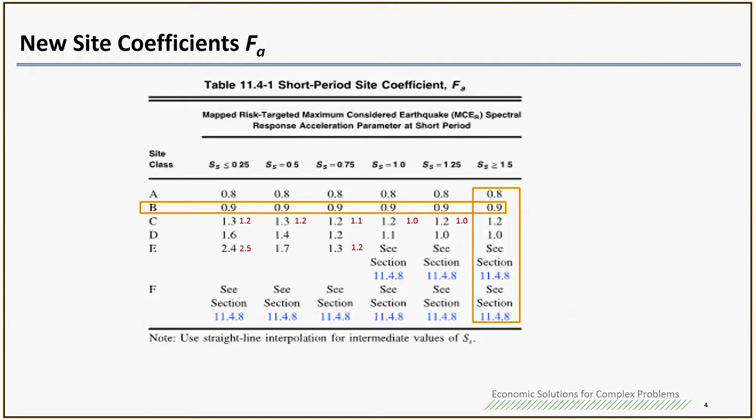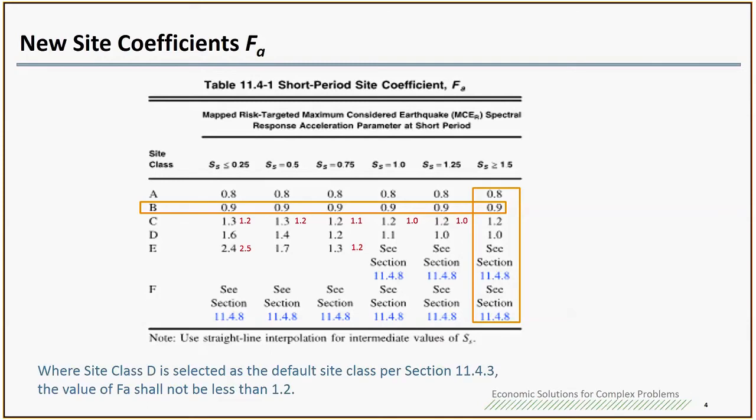Another change is that if you don't do any site investigation, you use default site class D. For the Fa value, you have to use a minimum value of 1.2.